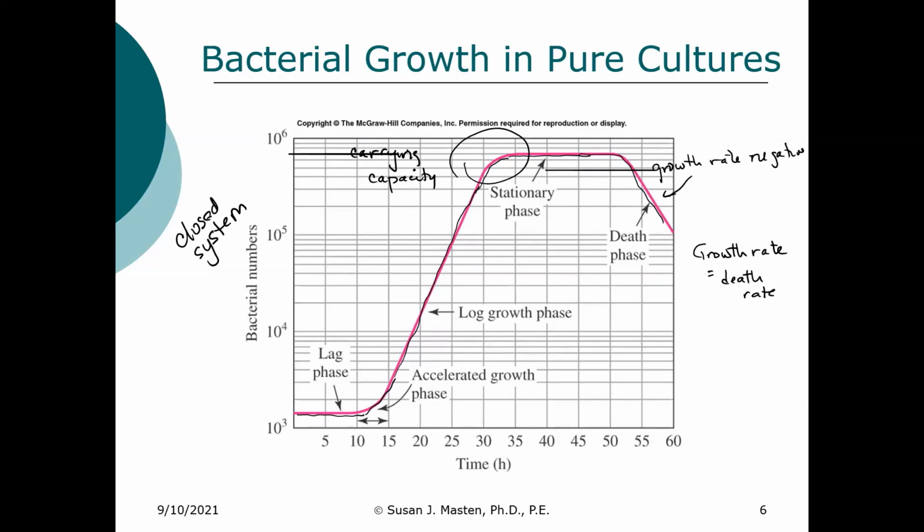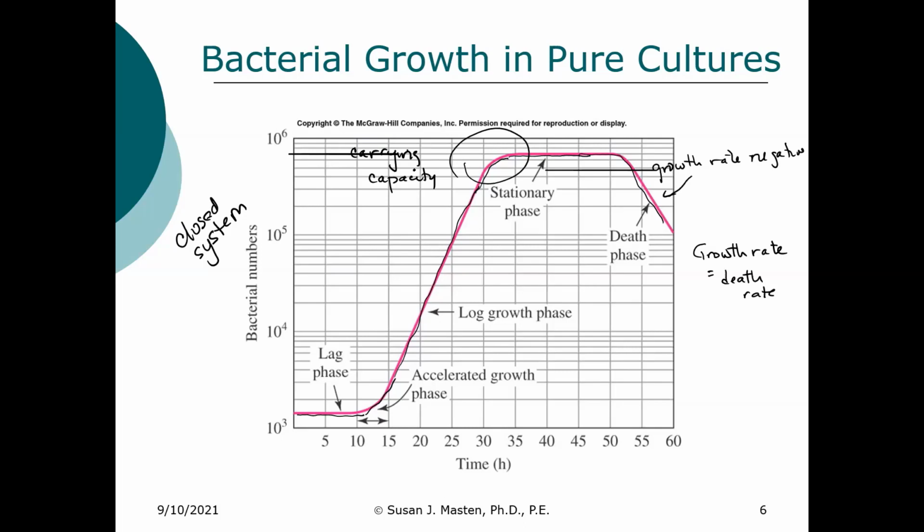Why does the system move from log growth, or exponential growth, to a stationary phase? What's happening at that point in time? Okay, good. Nutrients are being used up. Excreted toxins are building up.